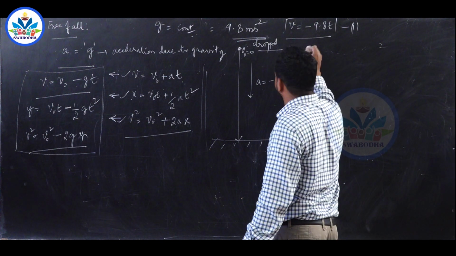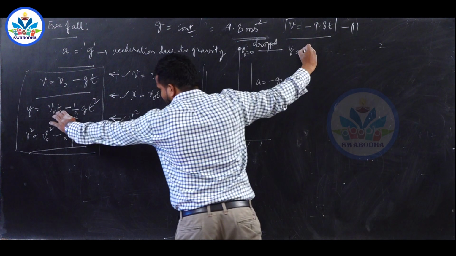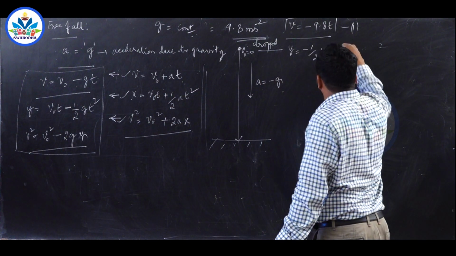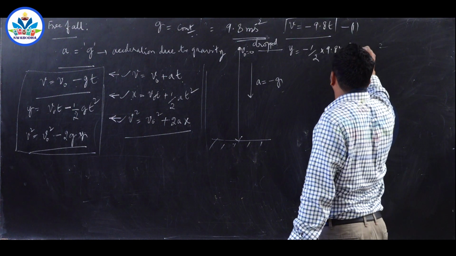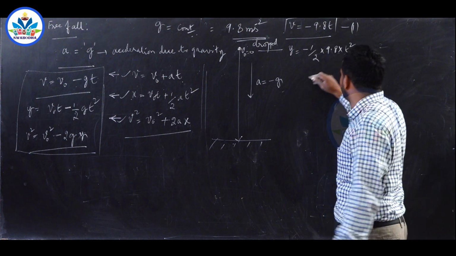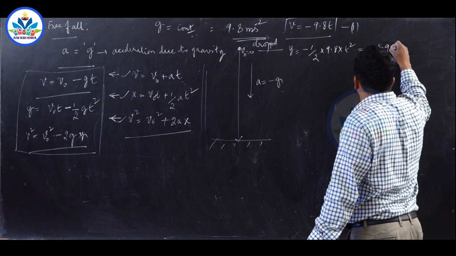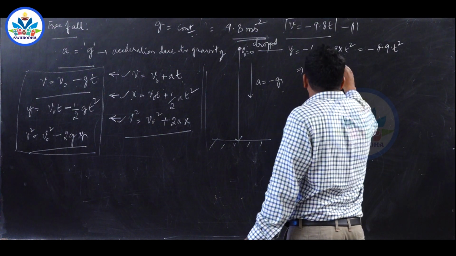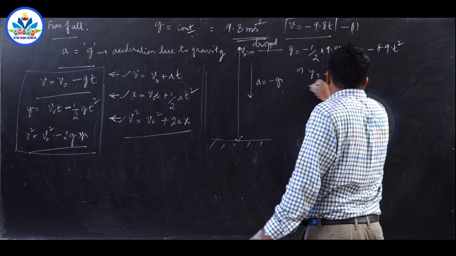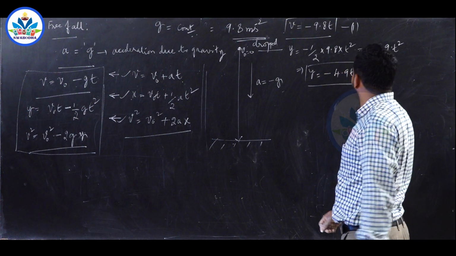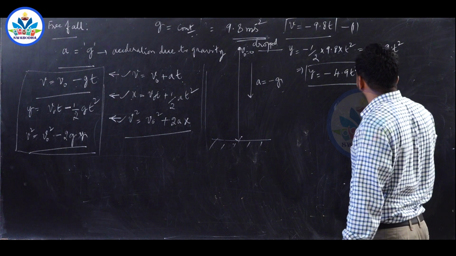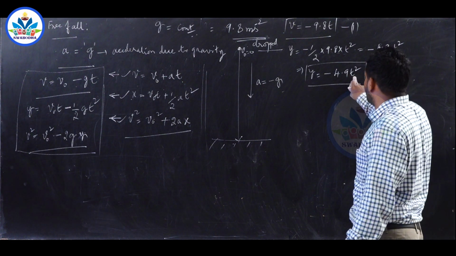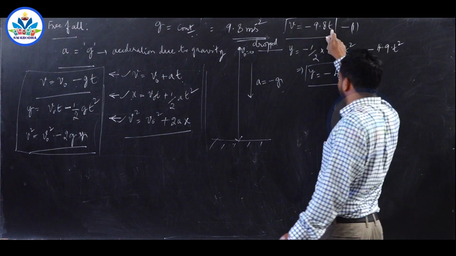Second equation, y equal to v naught into t, this is 0 because v naught is 0, minus half into 9.8 into t square, that is minus 4.9 t square. That is the equation y equal to minus 4.9 t square. So this is an equation which tells you the variation of displacement with time. This is the variation of velocity with time.